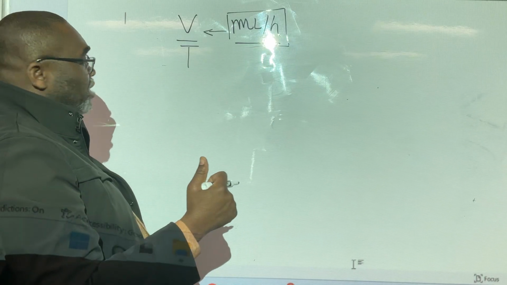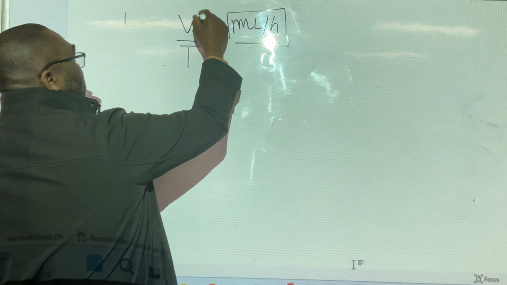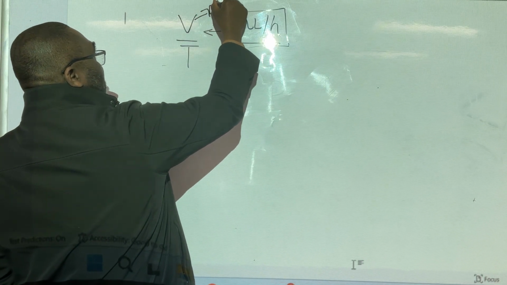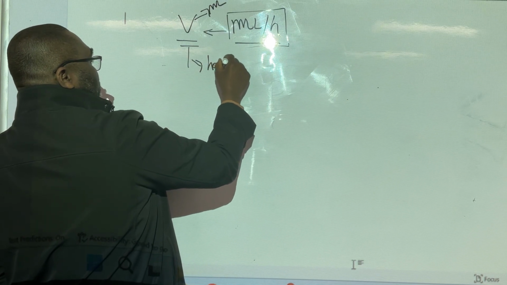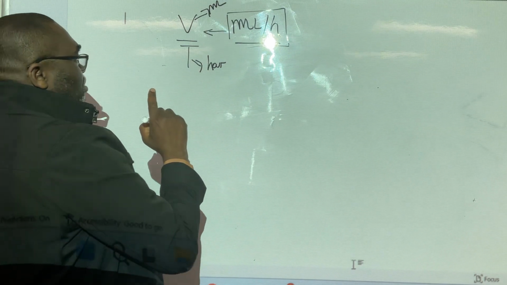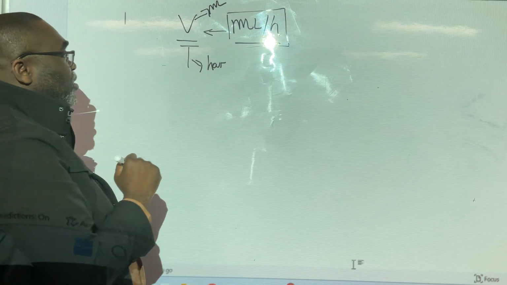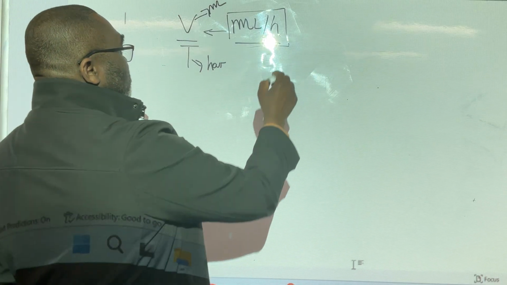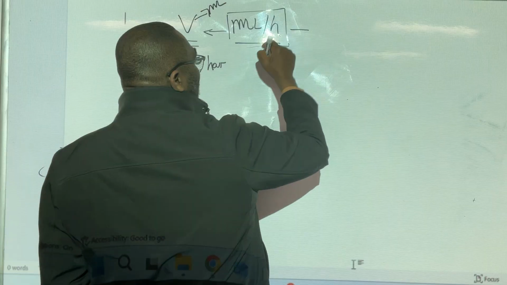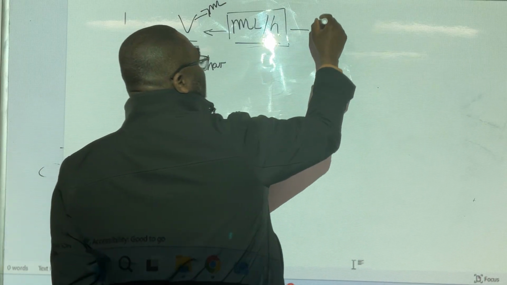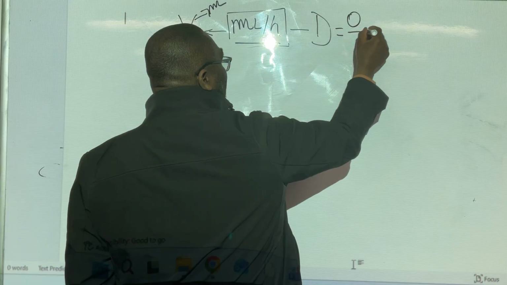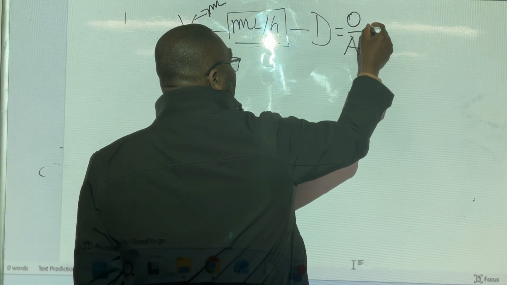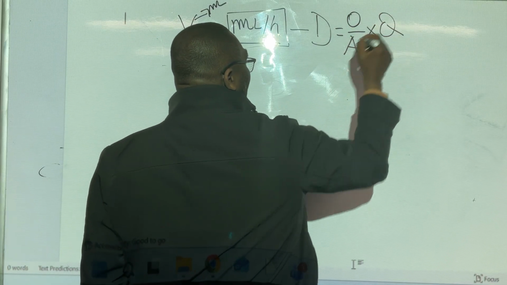You have the time; this volume must be in milliliter, and this time has to be in hours. But we're not going to focus on that here. We're going to focus on how to solve milliliter per hour by using the dosage formula, which is also available in time quantity.